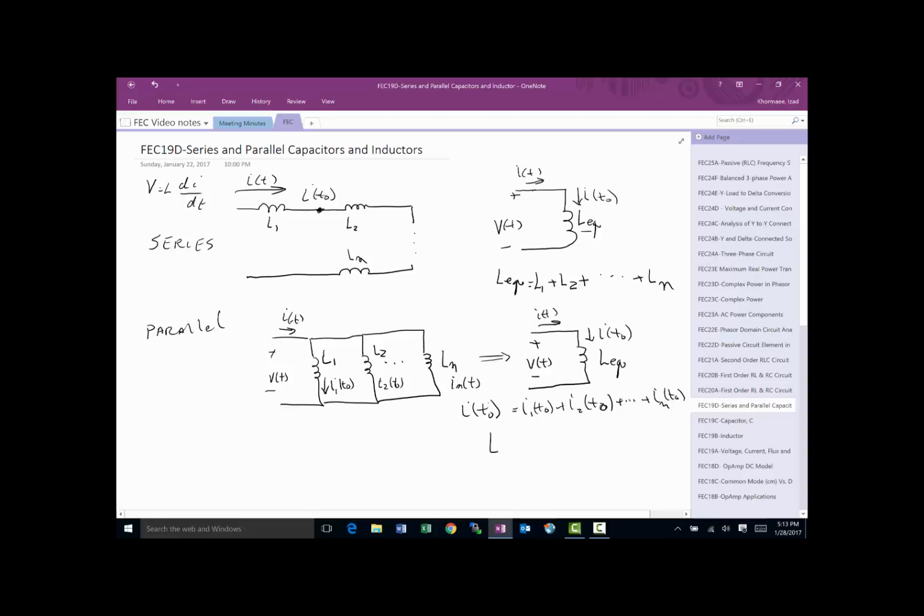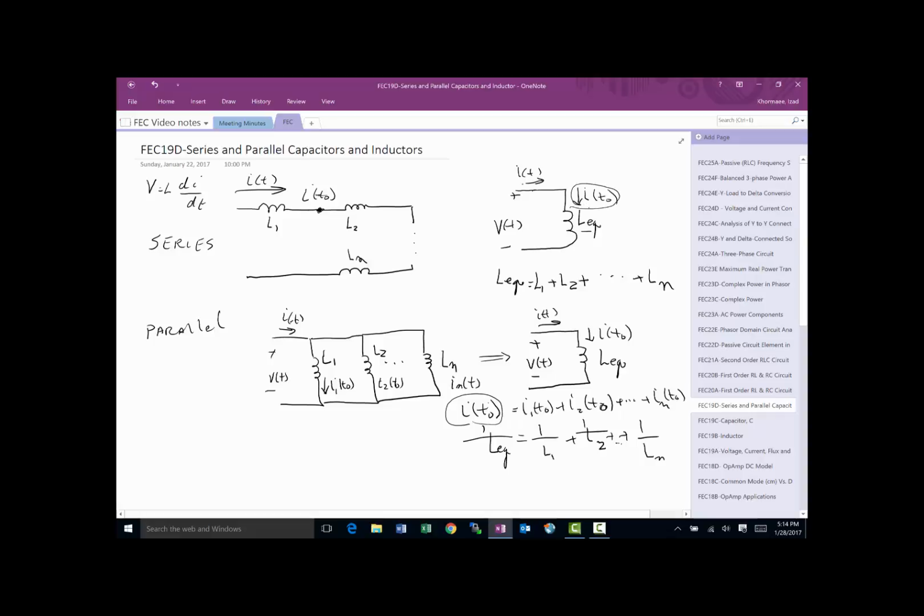But as far as the L equivalent is concerned, it is very much like a resistor. 1 over L equivalent is equal to 1 over L1 plus 1 over L2 plus more, however many there are, plus 1 over Ln. So that takes care of it. As you can see, the calculation of the inductor equivalence is identical to what we did with resistors. The one difference is now you have the additional responsibility of having to find the initial current.